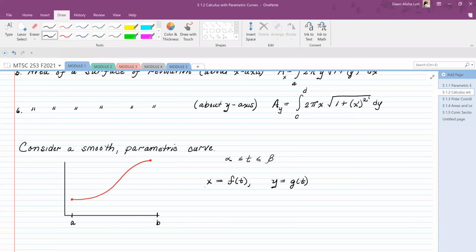So on the interval AB, we're going to assume f is increasing or decreasing. These are very, very nice functions. And if it's not increasing or decreasing, we can break it up into several parts.